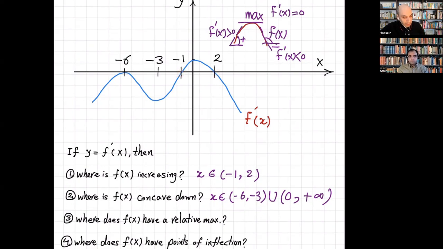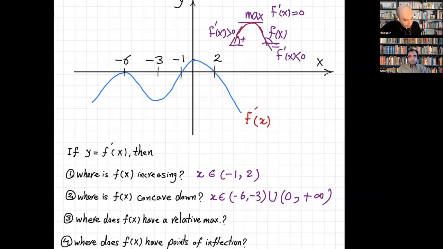At -1, we are moving from negative to positive, which is not what we're looking for. This is actually a minimum, not a maximum. At point 2, before point 2, f prime of x is positive, and after point 2, f prime of x is negative. So that's why this point is a maximum.